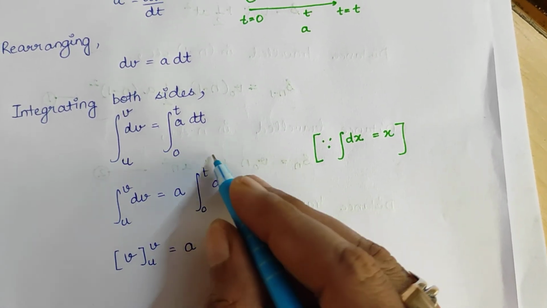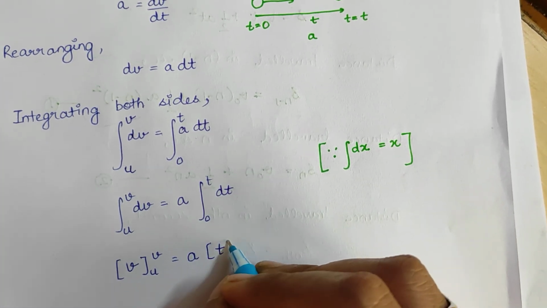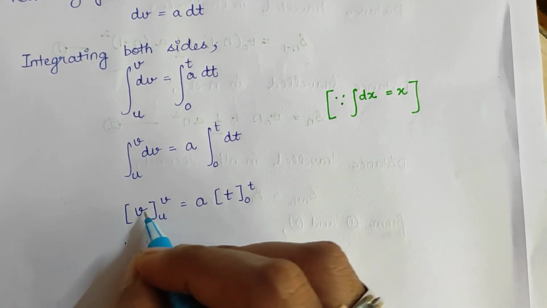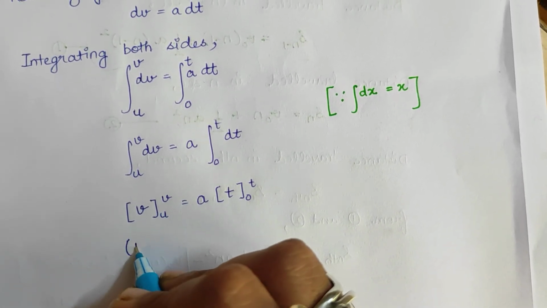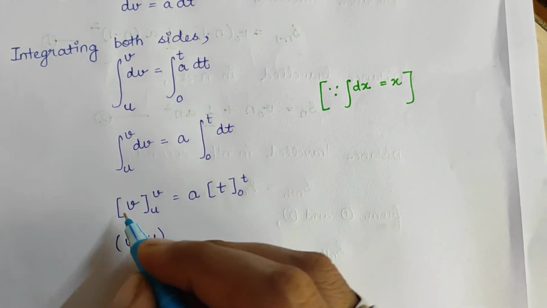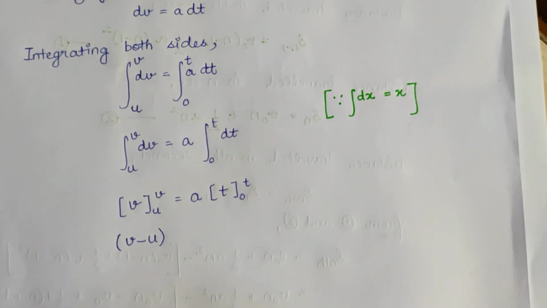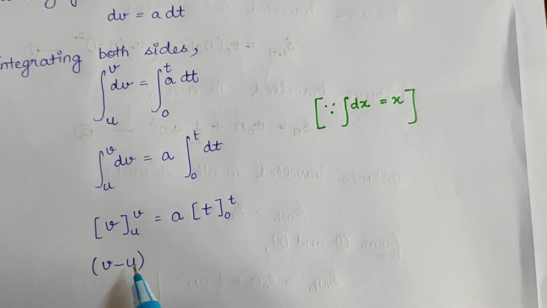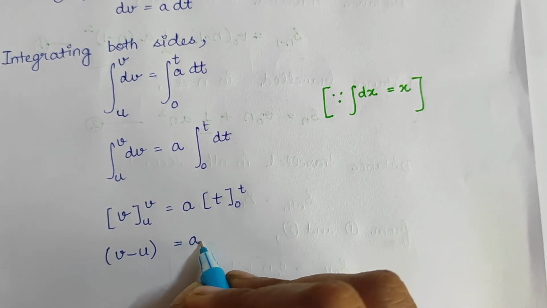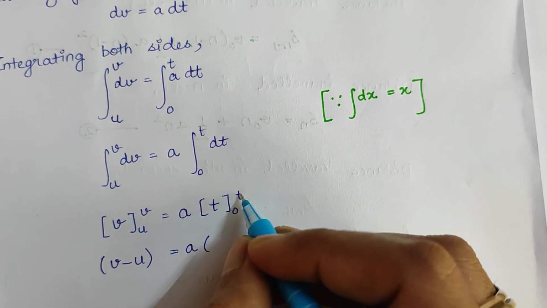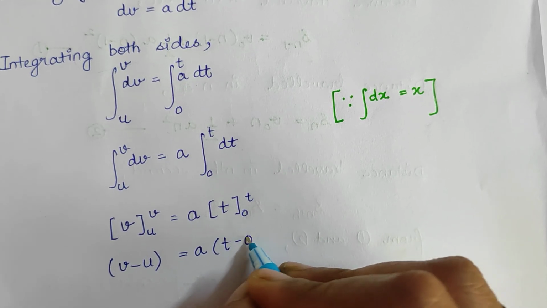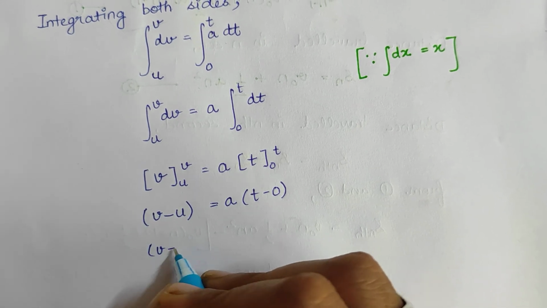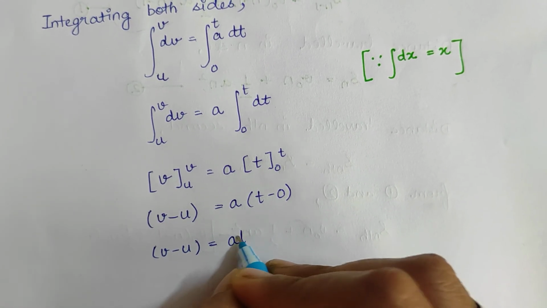Here also we have limits, so we put those limits. On further solving, this will be upper limit minus lower limit. The final velocity was v and the initial velocity was u, so v minus u equals a times the upper limit t minus the lower limit 0. We get v minus u equals a into t, as this is 0.